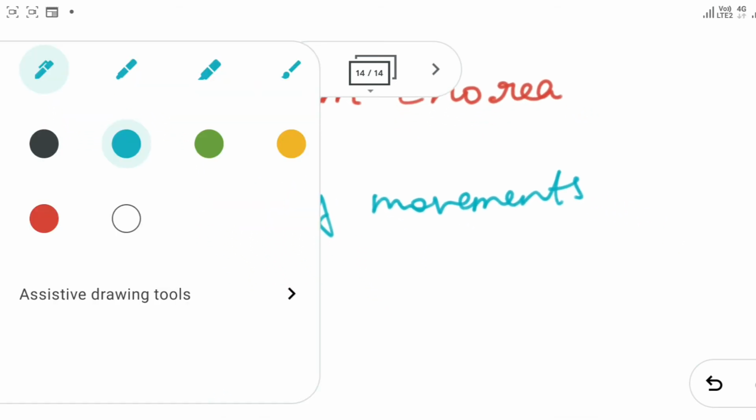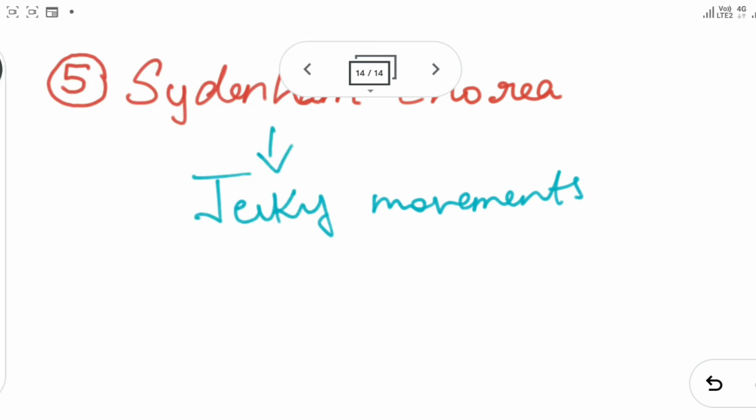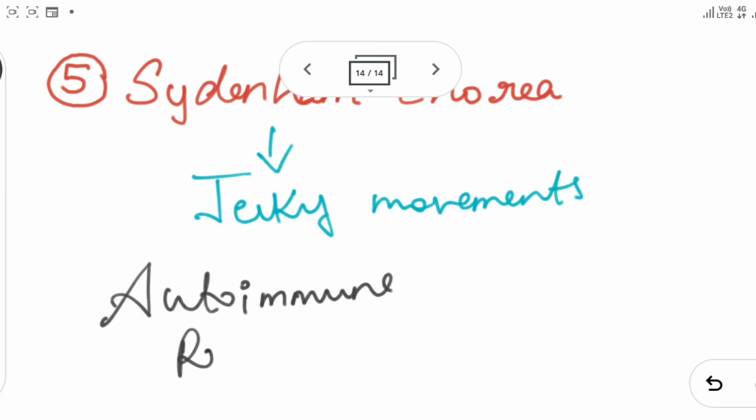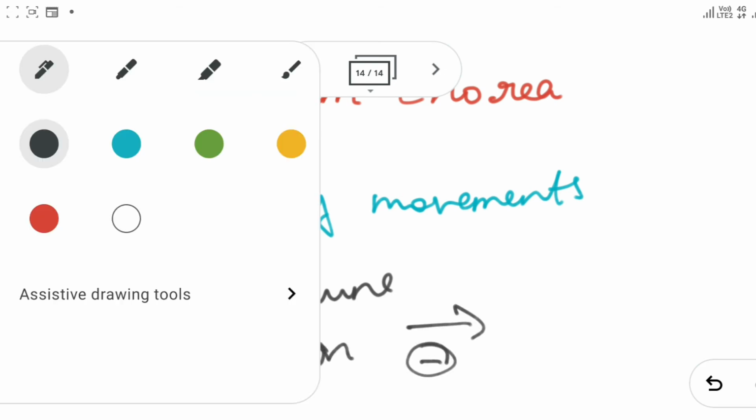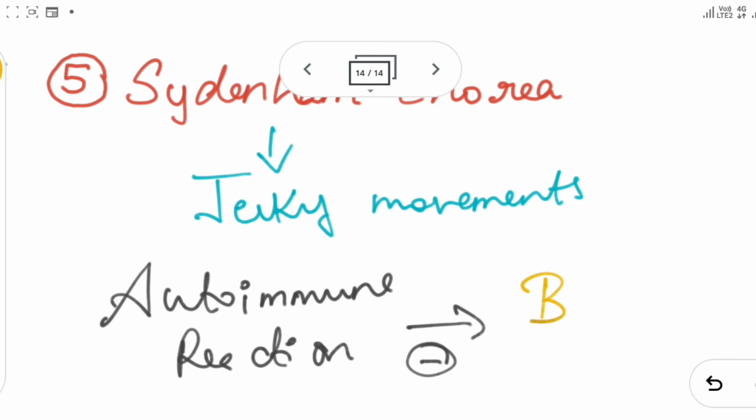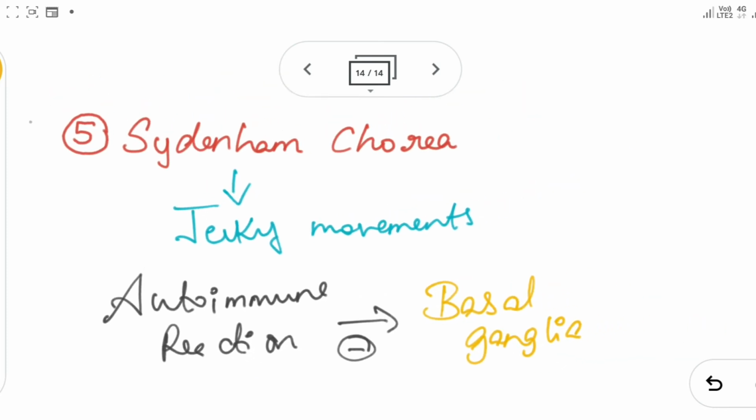This is due to the autoimmune reaction against the basal ganglia of the brain, and this appears later in the disease, at least 3 months after infection.